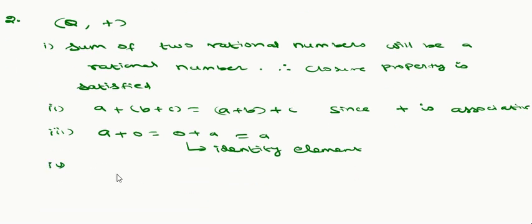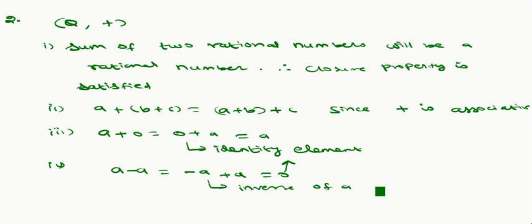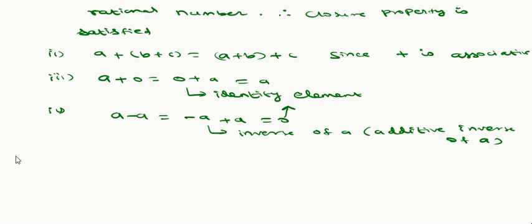And the fourth one: A plus minus A equal to minus A plus A equal to 0. So this 0 is the identity element and this minus A is the inverse of A, or specifically we can call it the additive inverse of A. We can see some more examples.